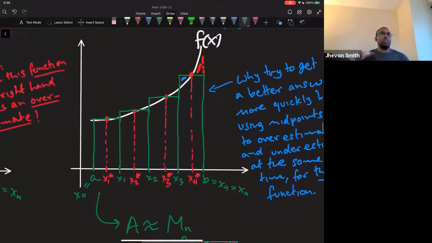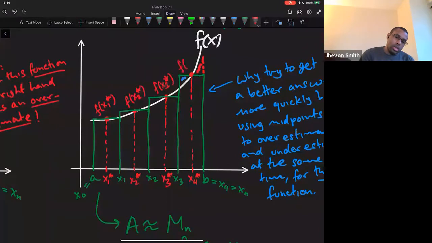Right, so the length of the subintervals is still delta x, but here we have a height given by x1 star, x2 star, x3 star, x4 star. And that's the midpoint way of dealing with it.